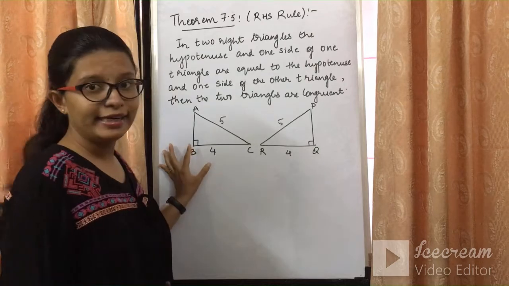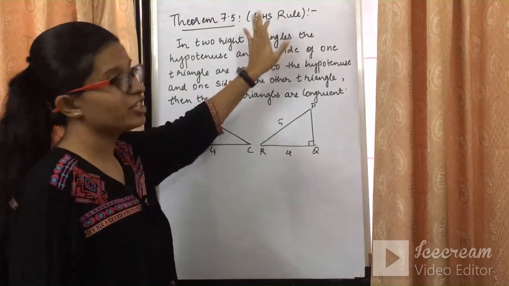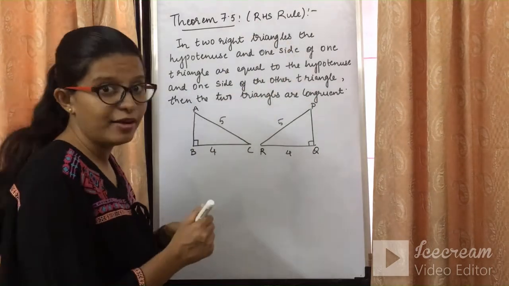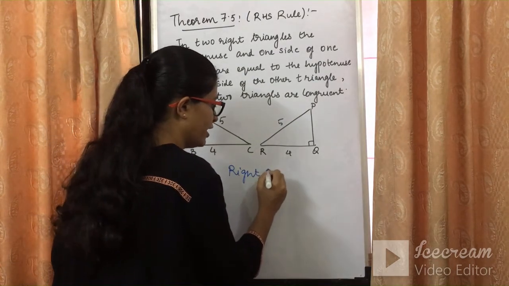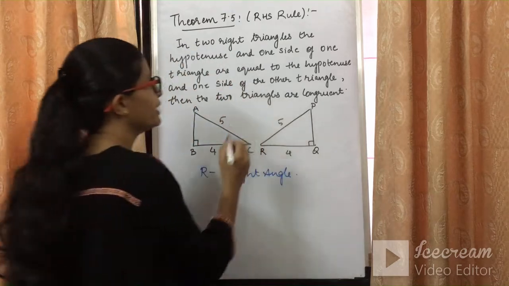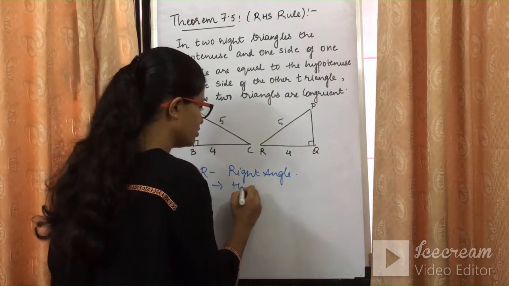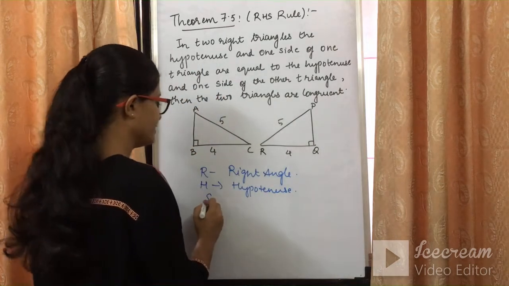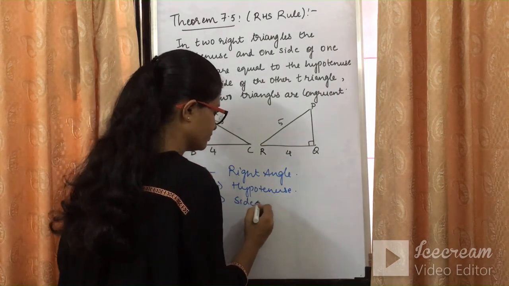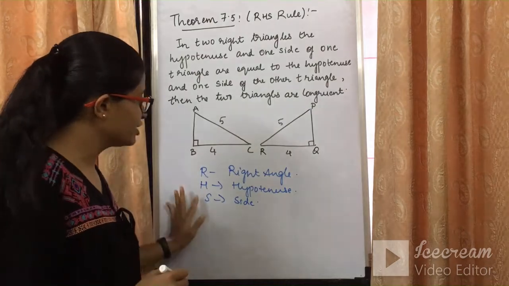So this angle is 90 degrees, and in the RHS congruency rule, what does R stand for? R is nothing but right angle, H stands for the hypotenuse, and S is nothing but the side. So that is why it is the RHS rule.